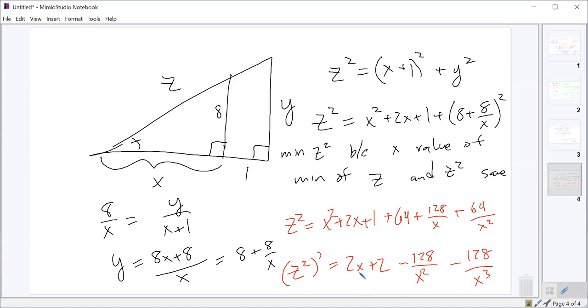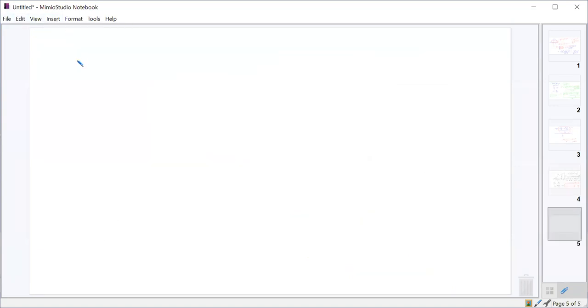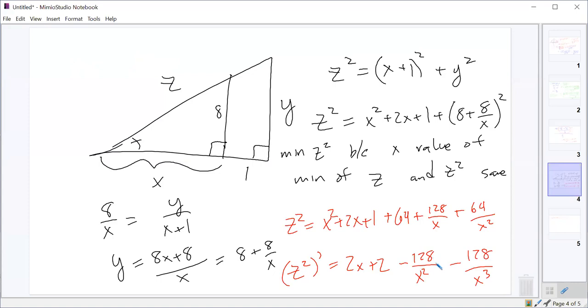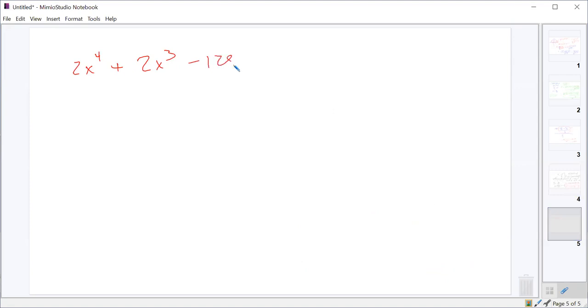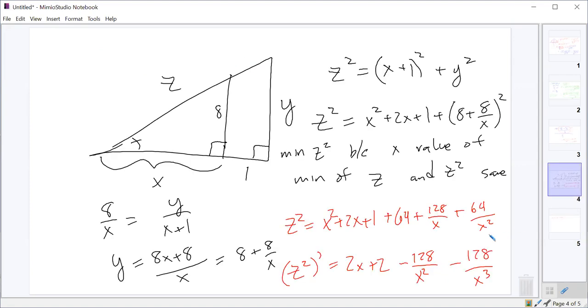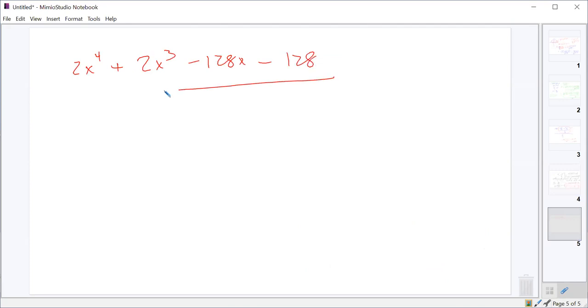So we'll multiply these first two by X cubed over X cubed, and then the third term by X over X. So we're going to get 2X to the 4th plus 2X cubed, and then this one should become minus 128X, and the last one was a minus 128, all over X cubed. But all we really care about is when does that equal 0.